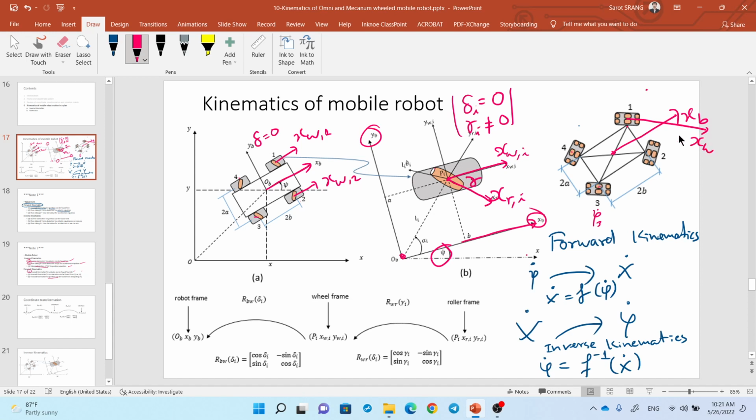So delta, which is the angle between H wheel and HB, must not be 0, different from 0 for omni wheel. How about axis of roller? The roller axis is this way, should be parallel, right? So the axis of the wheel and the axis of roller are parallel. So gamma equals 0.